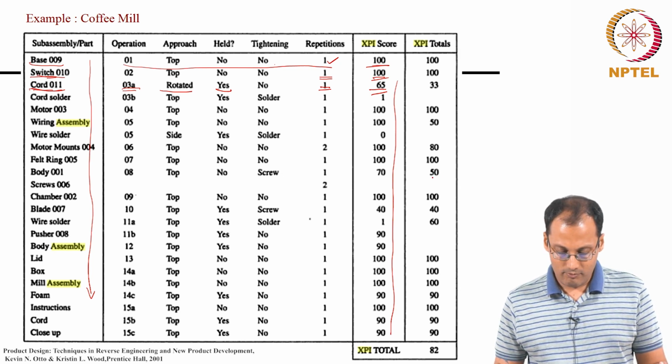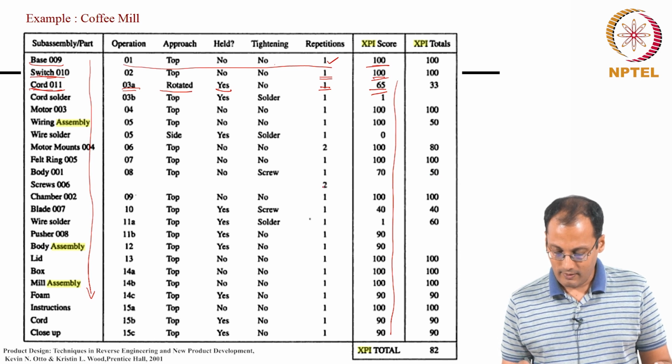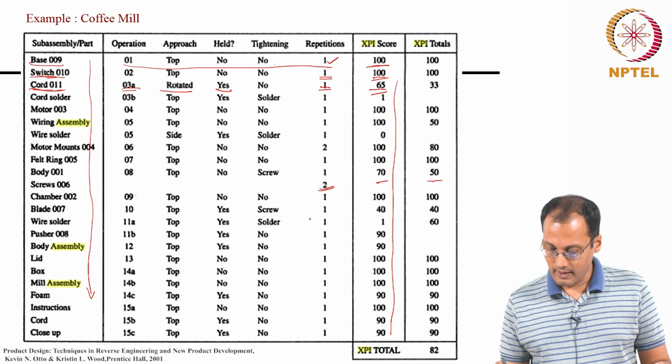So, let us say if I have to put 2 screws, I will negate 20 from the score. Like here we have 2 screws. So, from 70 I will negate 20, that is it becomes 50.